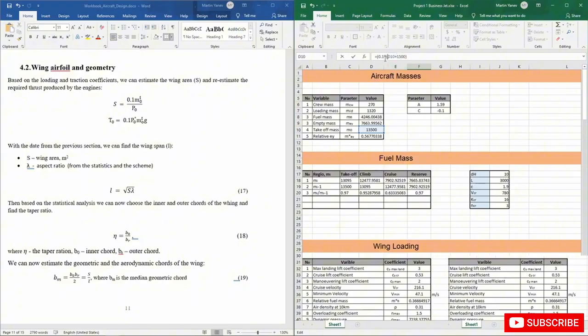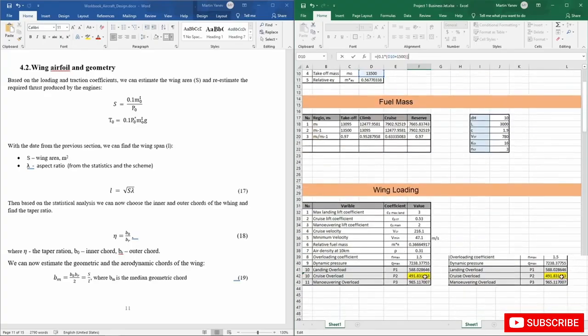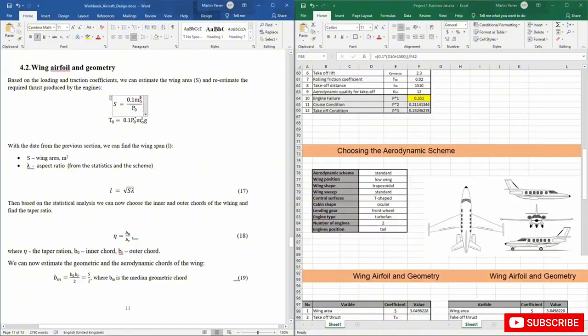So basically we're multiplying 0.1 by our total mass of the aircraft, and now this whole thing I will divide by P0, which is our wing loading coefficient. Okay, so it's 491.